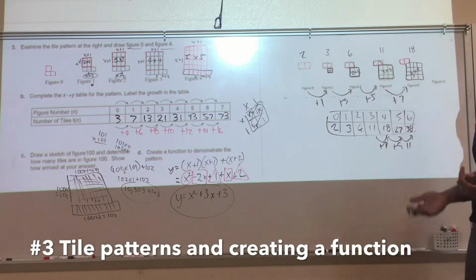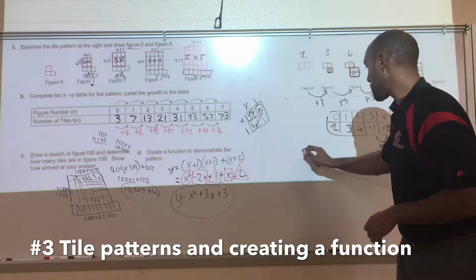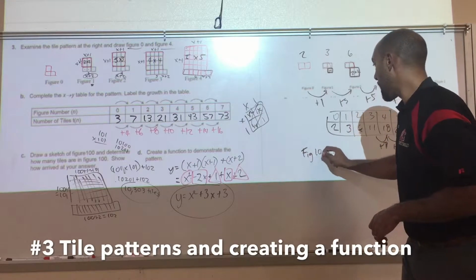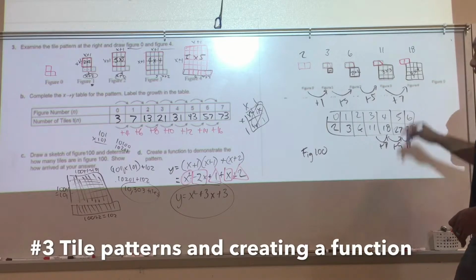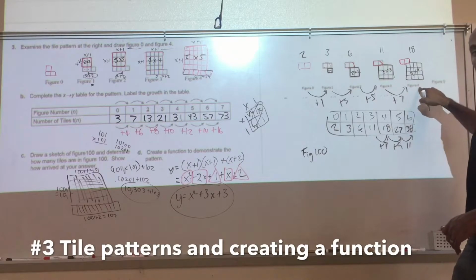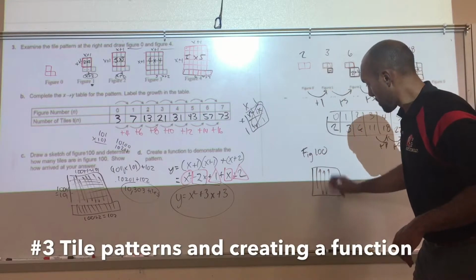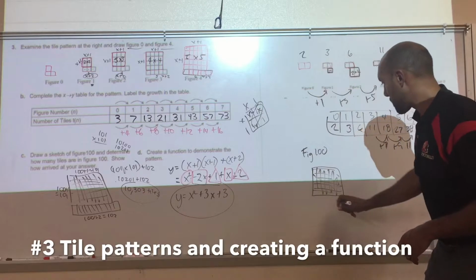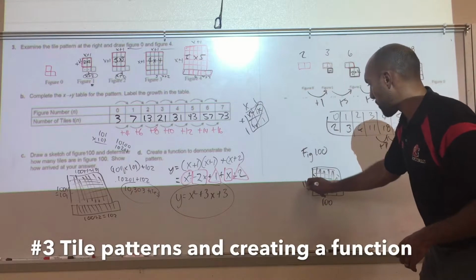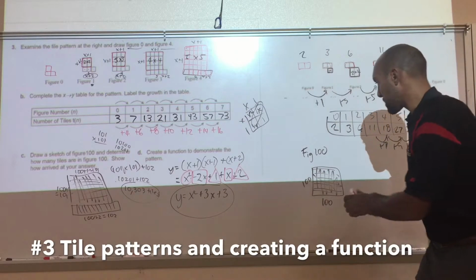But now we have to create this quick sketch. Let's say for figure 100, I know that this little box right here, the length of the side is the figure number. So for figure 100, we've got a bunch of squares here, and it's going to be 100 by 100. And then I'll always have those 2 little boxes hanging out the side.